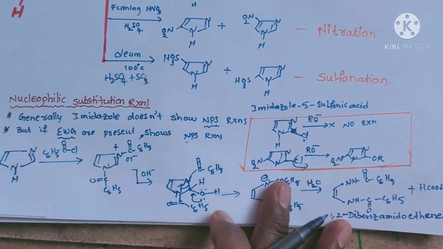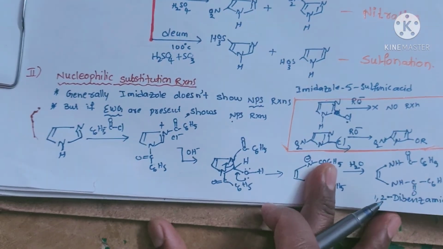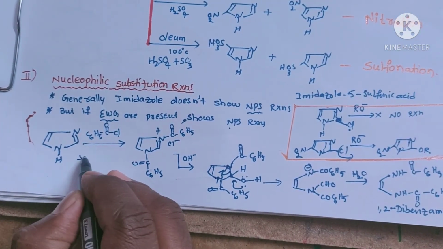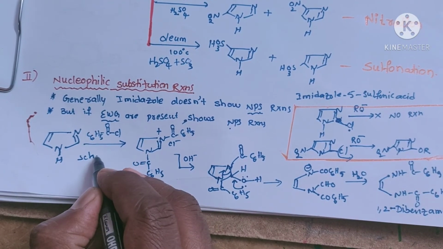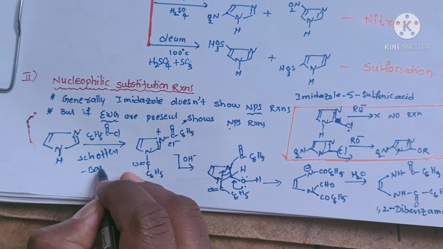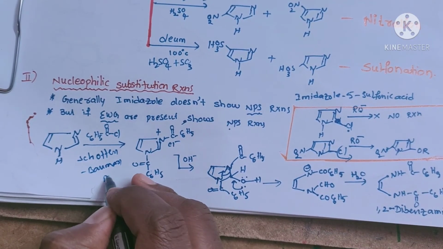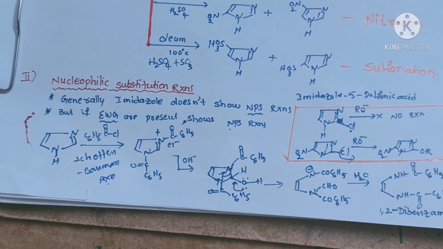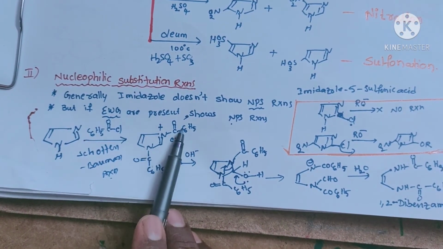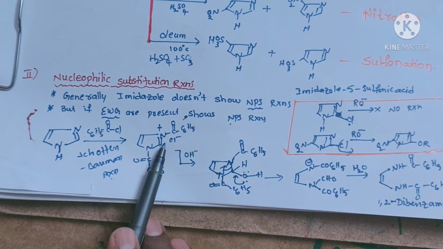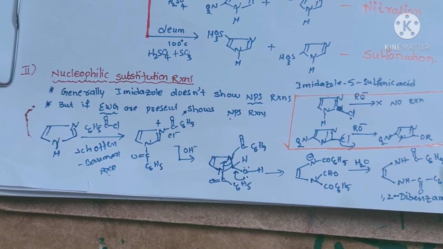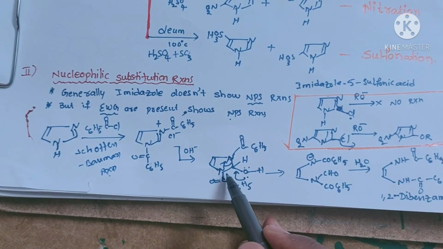And when imidazole is treated with benzoyl chloride, this is the Schotten-Baumann reaction. The benzoyl group will be substituted on the nitrogen, and this one easily undergoes nucleophilic substitution, and ultimately it leads to ring opening.